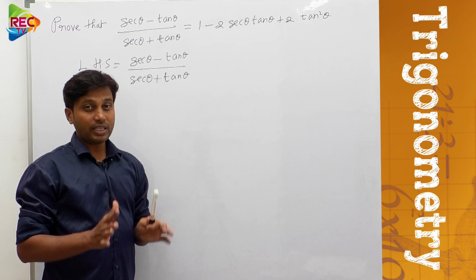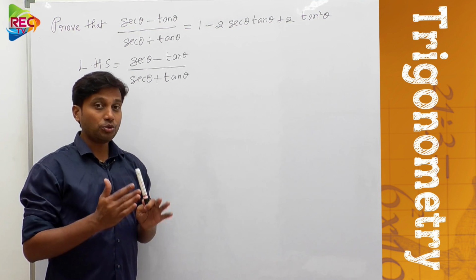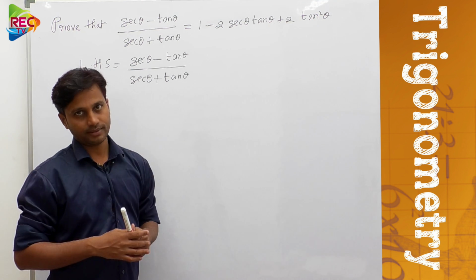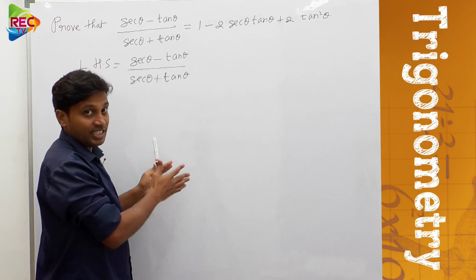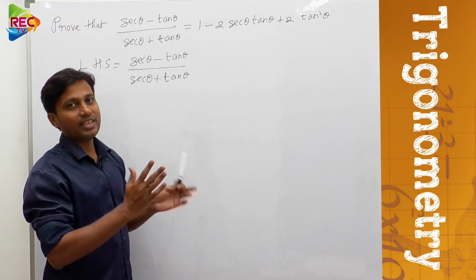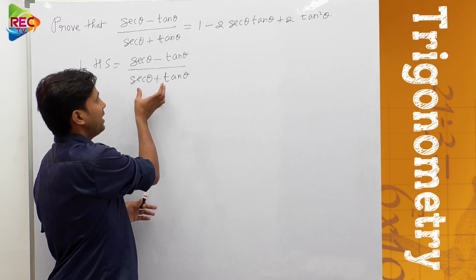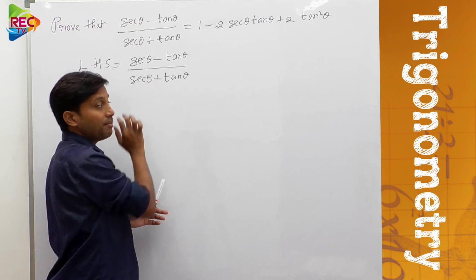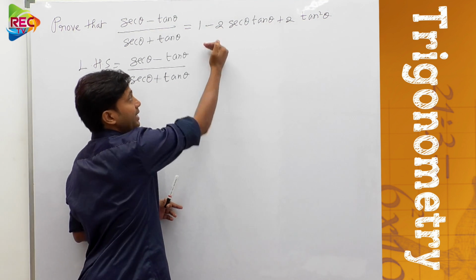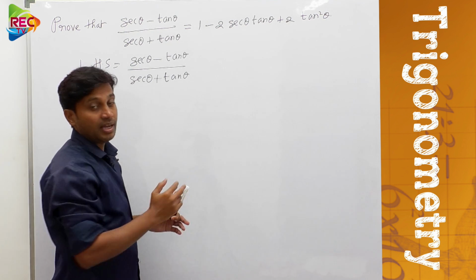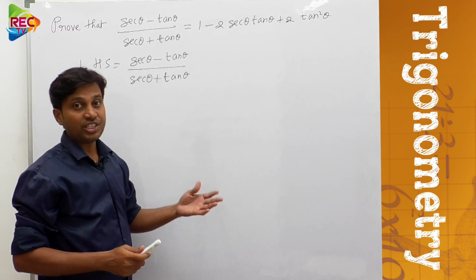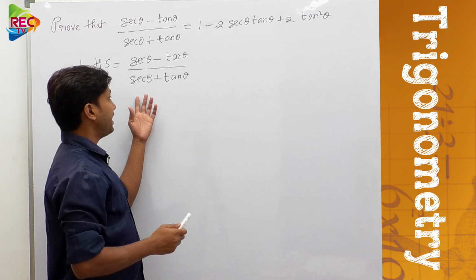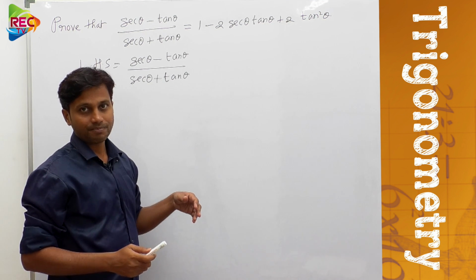You need to observe the given expression and take a suitable step. And here in this case, what is easy? Better we multiply and divide with the secant theta minus tan theta in numerator and denominator.